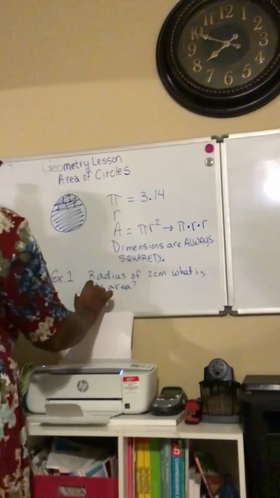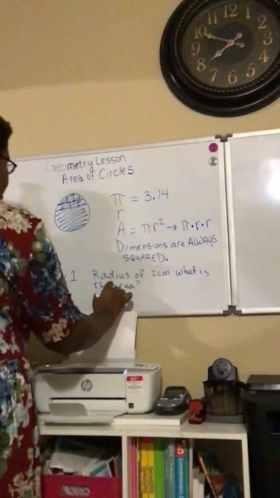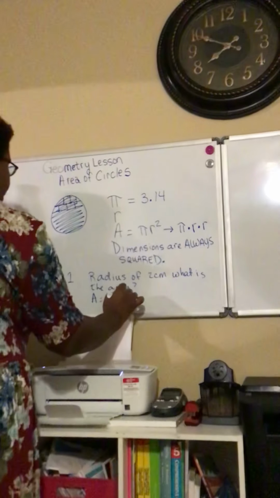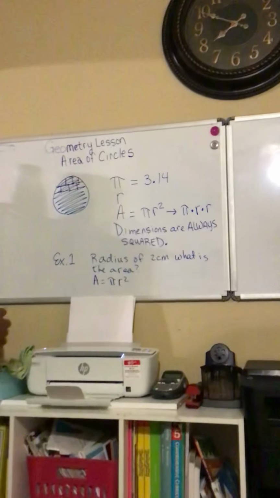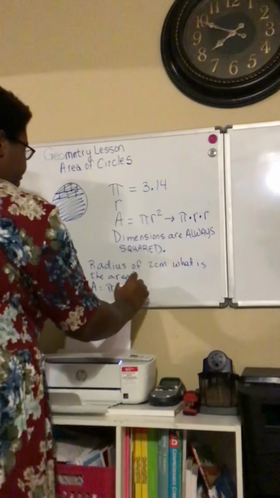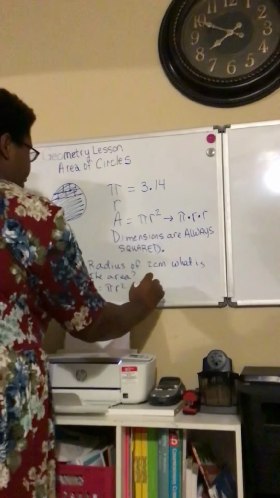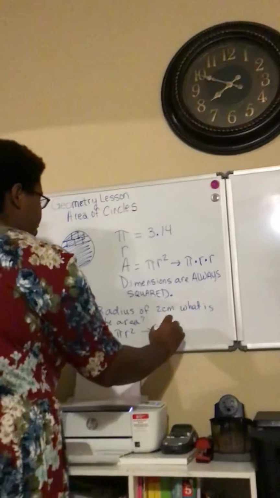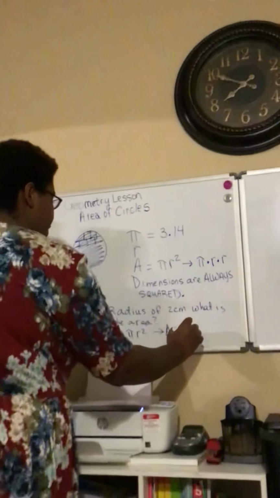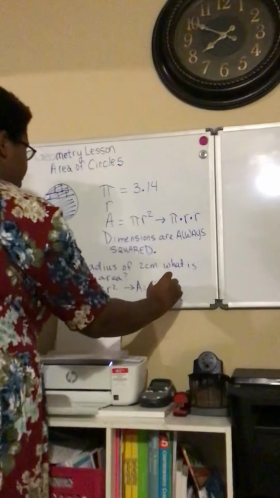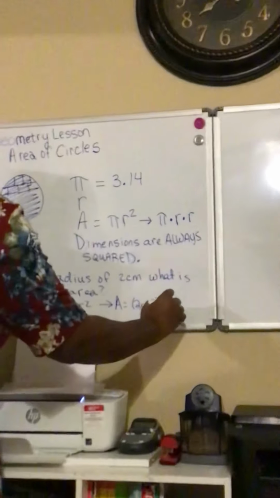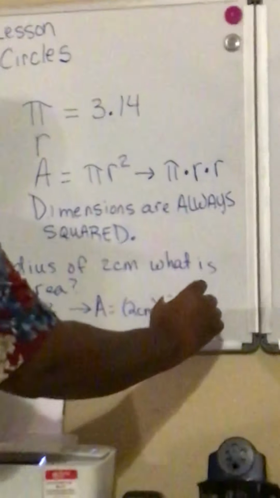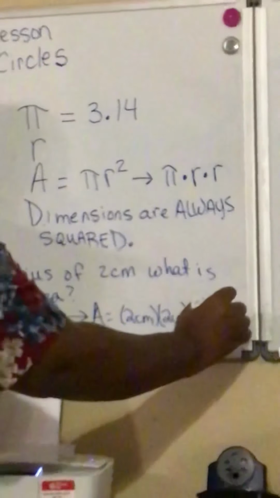So we use our formula, area is equal to pi times radius squared. So what we do is we multiply. Area is equal to 2 centimeters times 2 centimeters times pi.